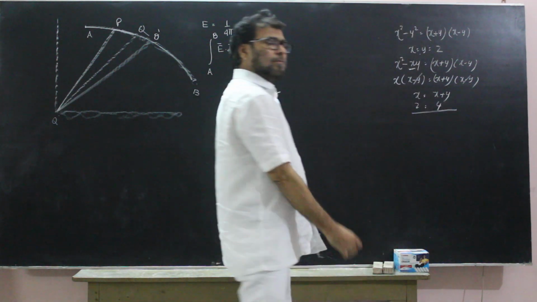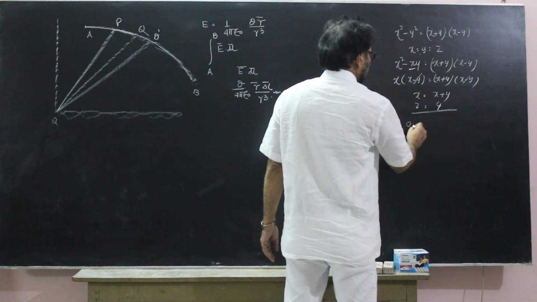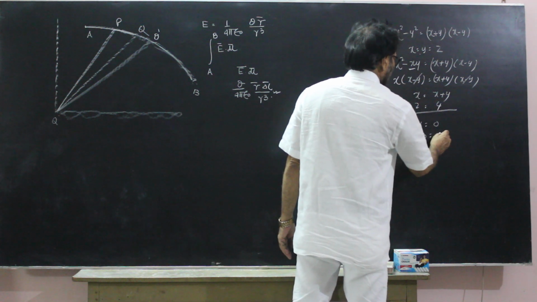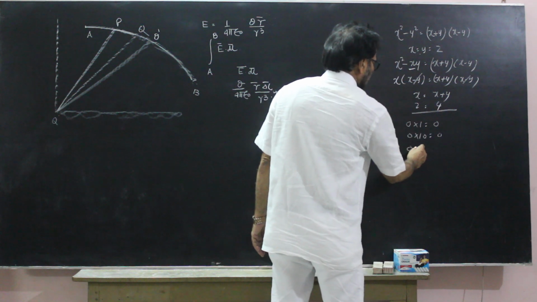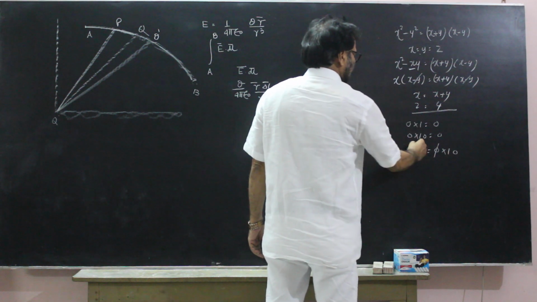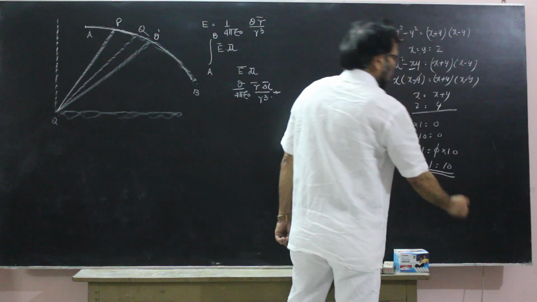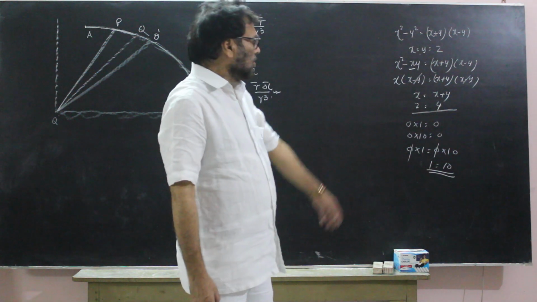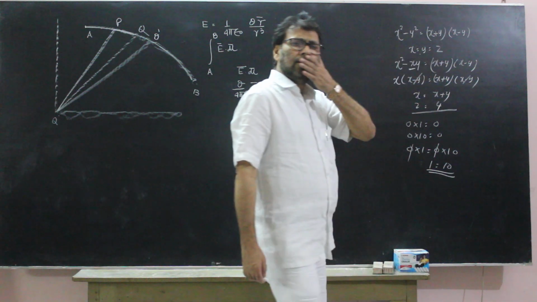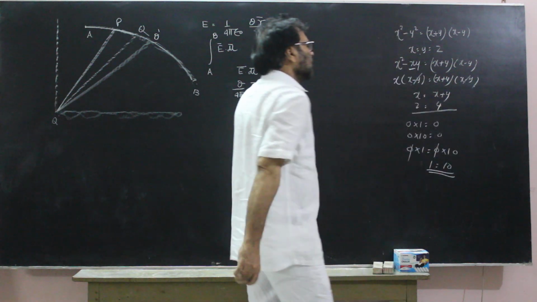And why is it? Of course 2 is not equal to 4. The reason is, if we write 0 into 1 is 0 and 0 into 10 is 0, so 0 into 1 is equal to 0 into 10. 0 से 0 cancel हो गया, 1 is equal to 10. So we get an absurd result because we have cancelled or divided by 0.